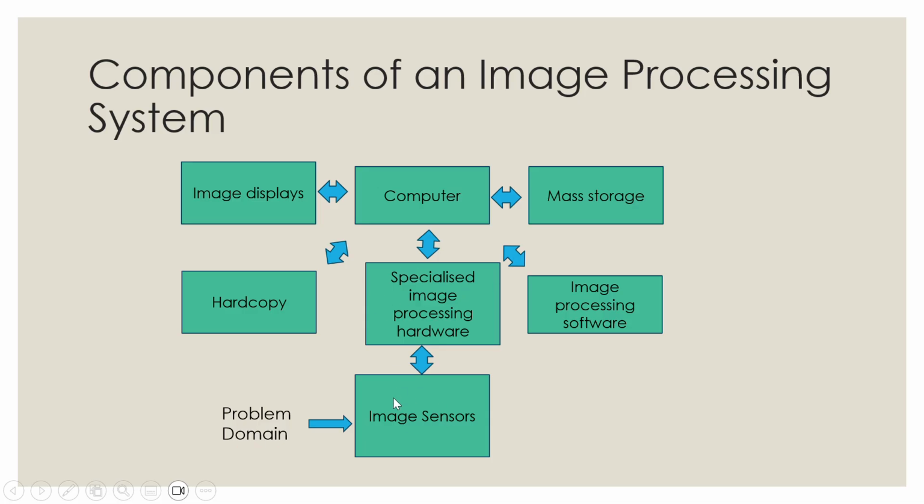Whenever the image sensors capture the light, it will be stored as electronic voltages using these sensors. Once it is converted into voltages, it will be converted into a digital image. Originally the real world has an analog image. After it is captured by the image sensors, it is converted into a digital image by using this specialized hardware. So this output will be a digital image.